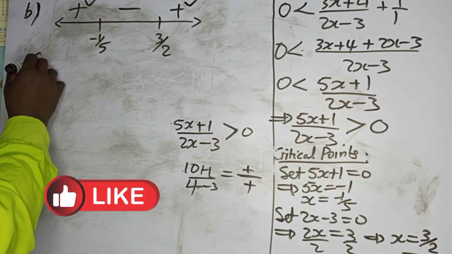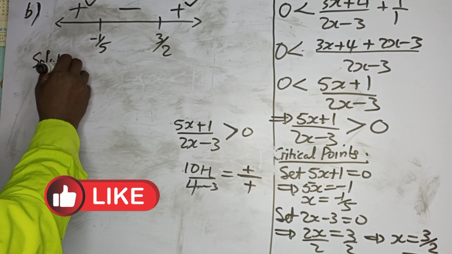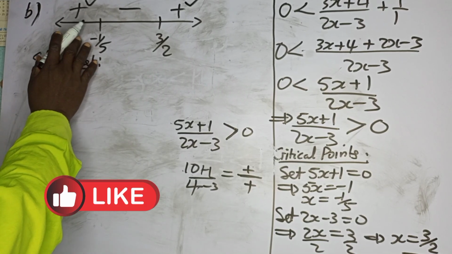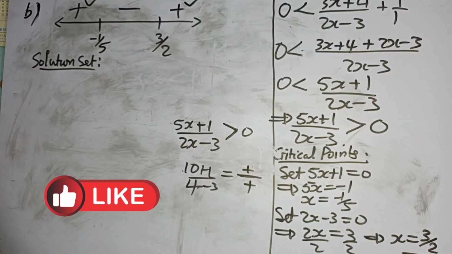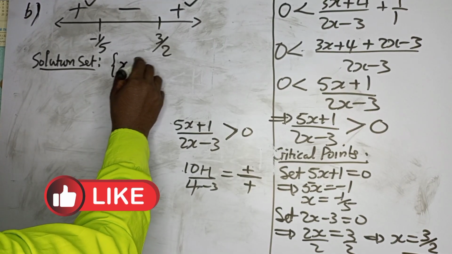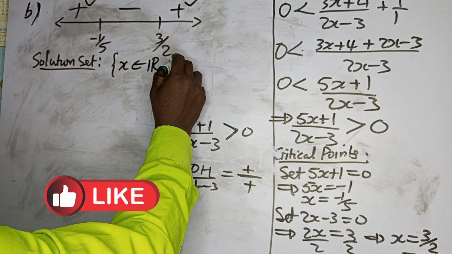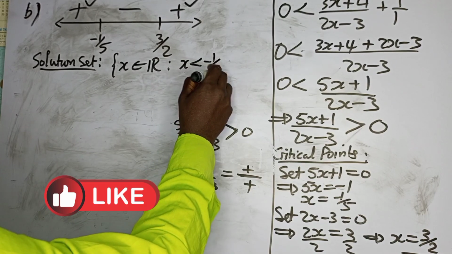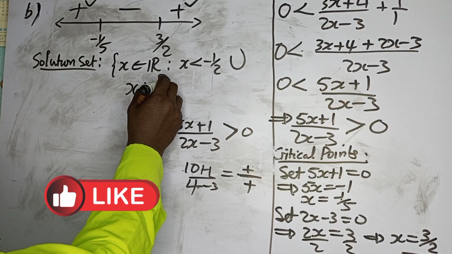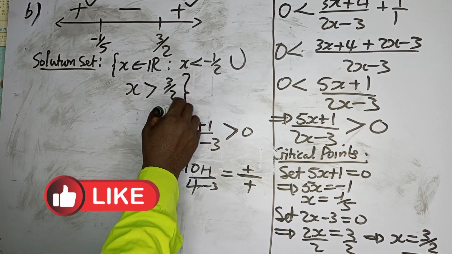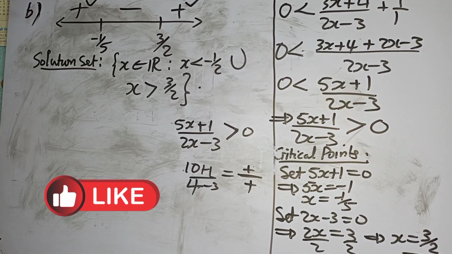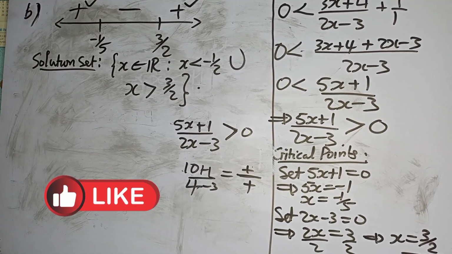Okay, so the first solution set is all values of x strictly to the left of negative 1/5, or all values of x strictly to the right of 3 all on 2. That gives us our first solution set, the solution set of that first inequality.